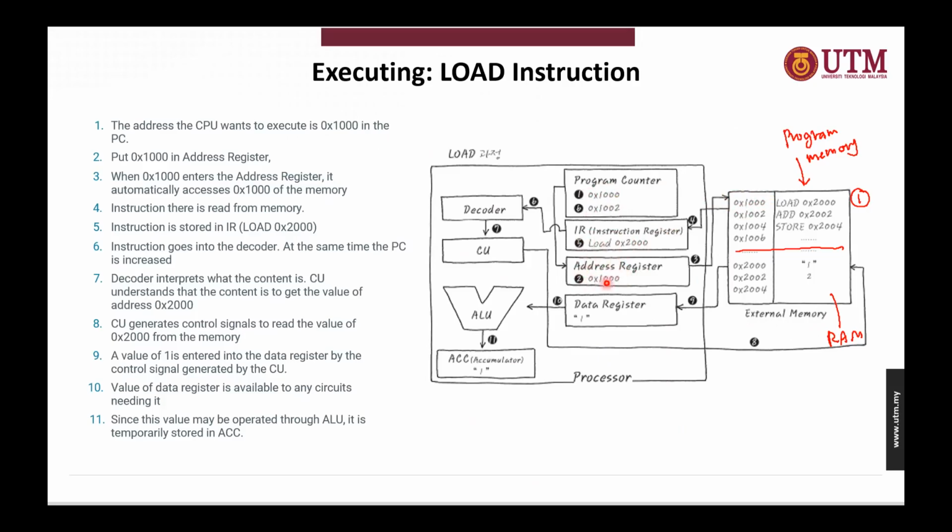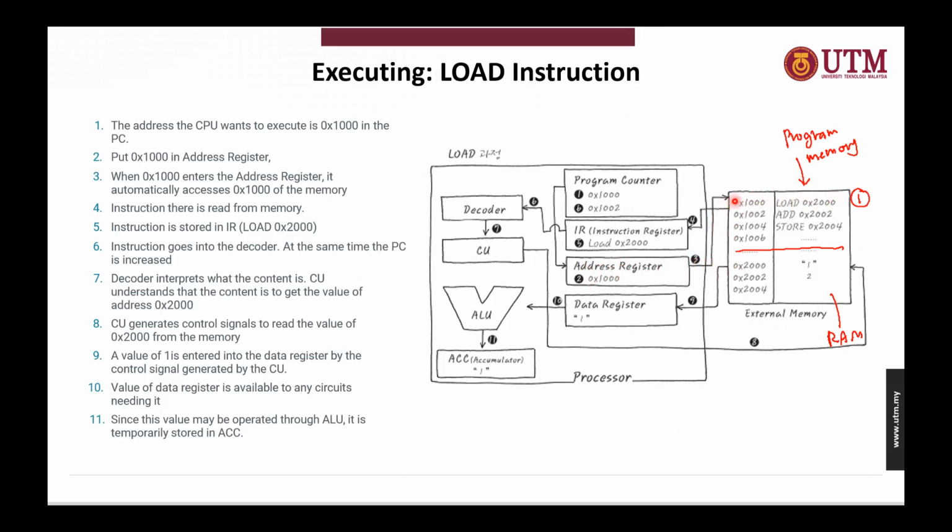So when this address 1000 enters the address register, it will automatically access address 1000 in the memory. Once the address 1000 is inside the address register, this component will directly find the location of the address.